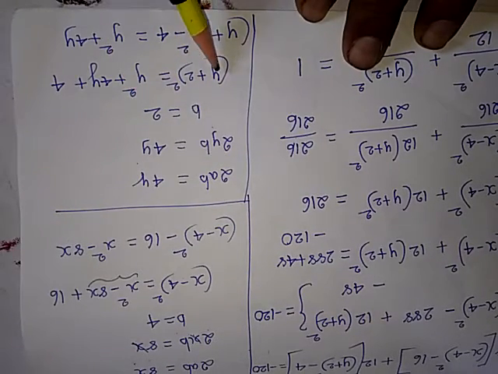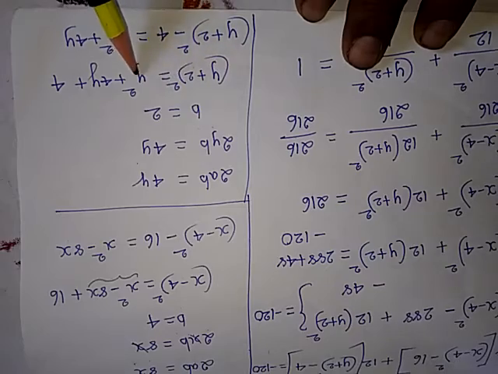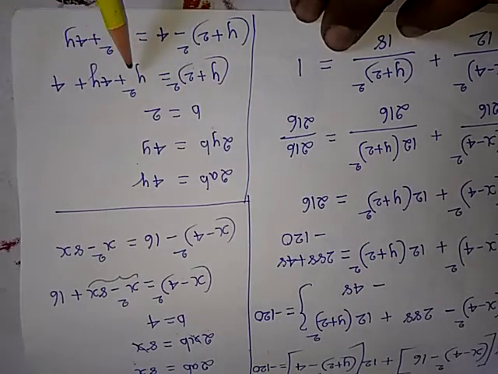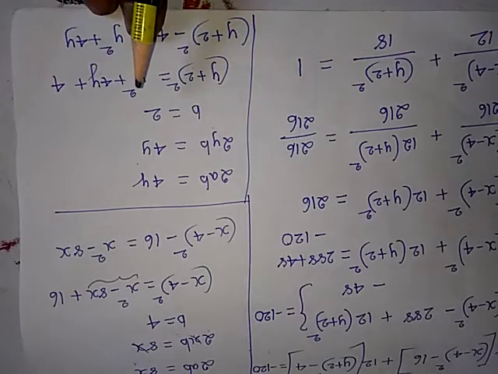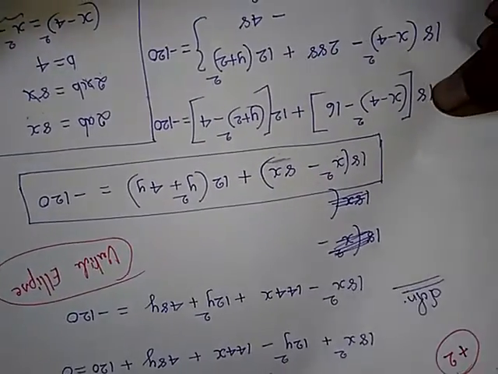Therefore we can write y plus 2 the whole square as y squared plus 4y plus 4. But we want only y squared plus 4y. So bring this 4 this side: y plus 2 the whole square minus 4 is equal to y squared plus 4y. For this you substitute this value.